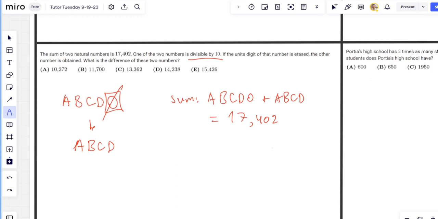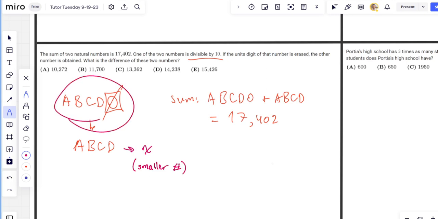So one thing to note here, let's call this smaller number x instead of ABCD. It's just a lot easier. X is the smaller number. The larger number, from which we obtained the smaller number by dividing by 10, is 10 times x.